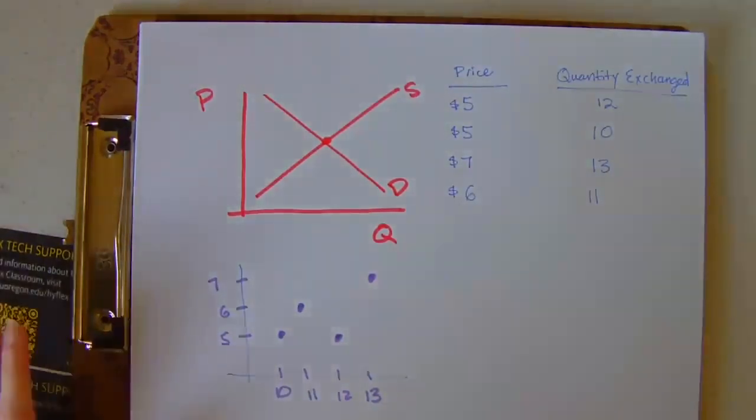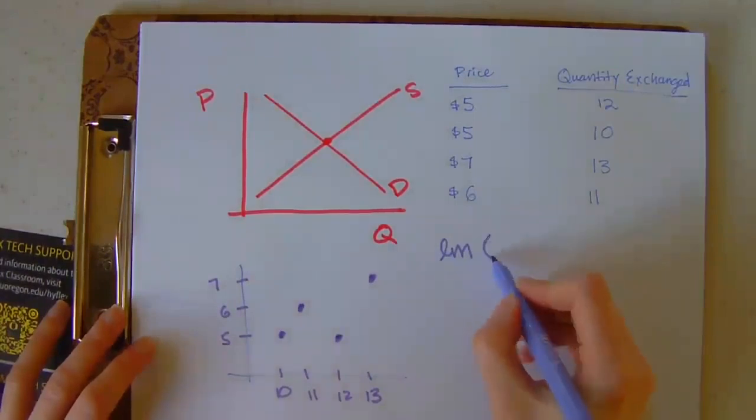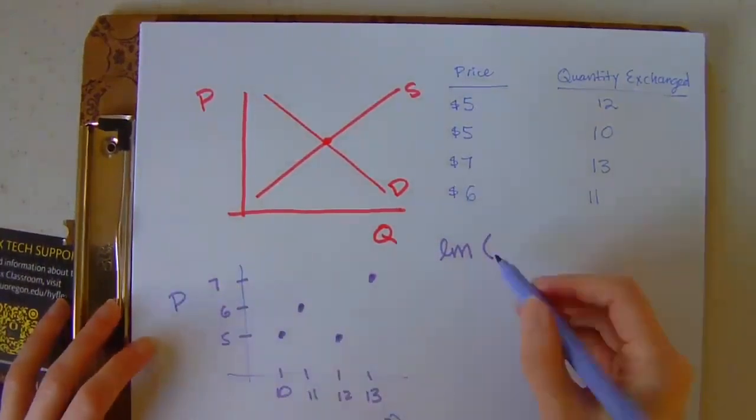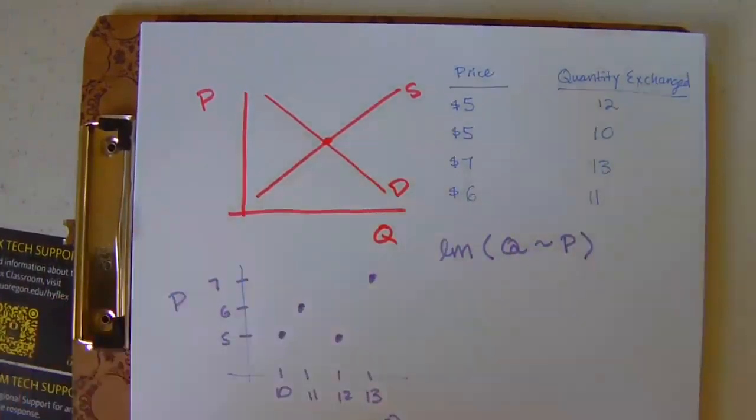So you run this regression. Put it into R, you say LM, let's have Q on P. And in 201, maybe you talked about how the variables are flopped.